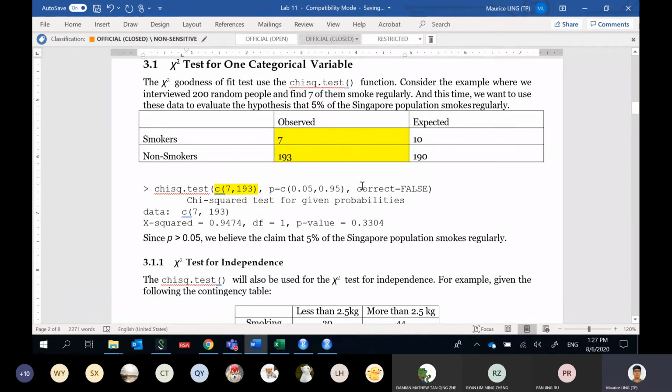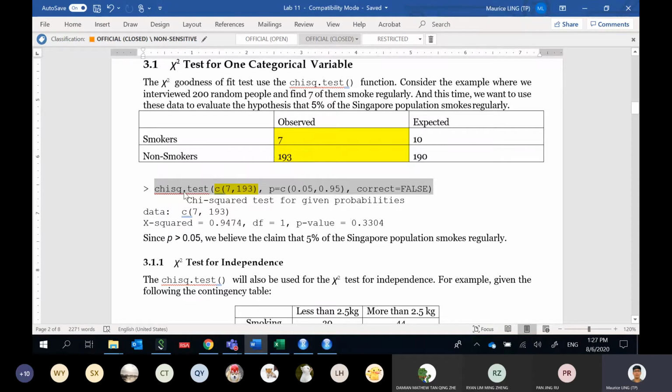So the observed is 7 and 193, but the expected proportion is 5% and 95%, so it's 0.05 and 0.95. You don't correct for anything, and that's where you get your answer.